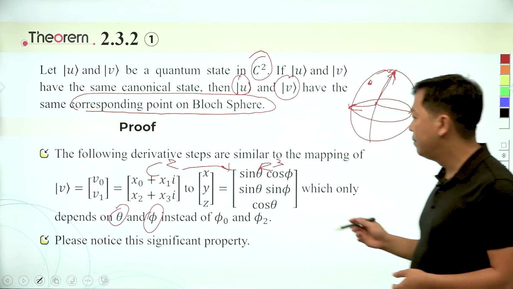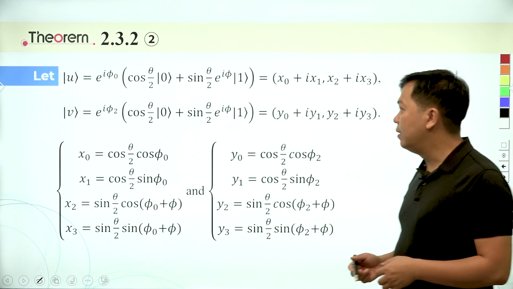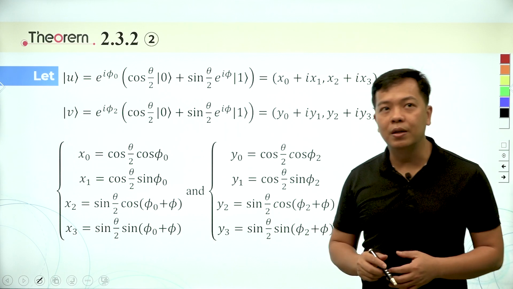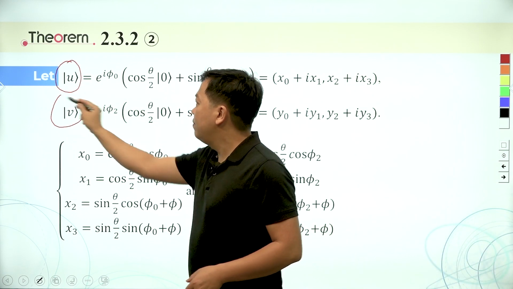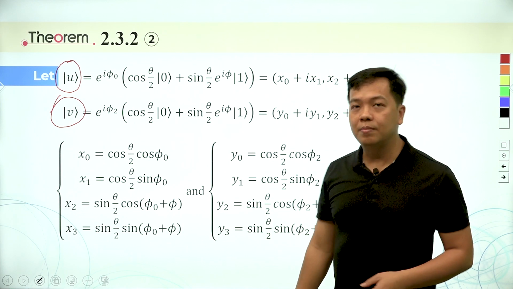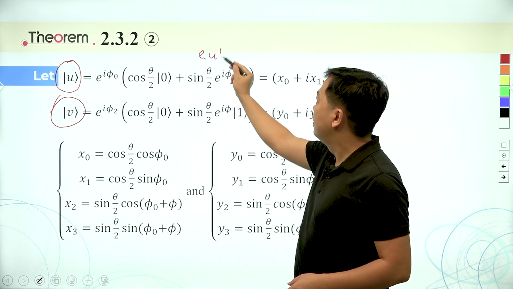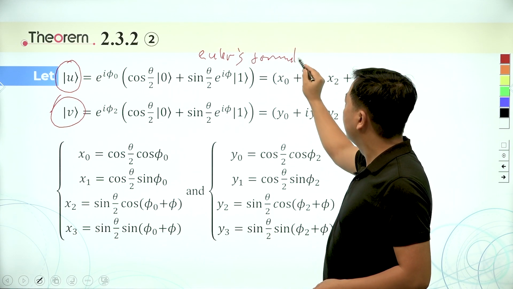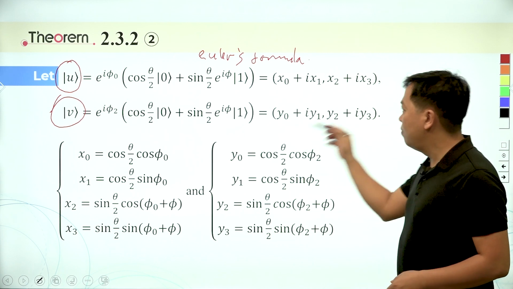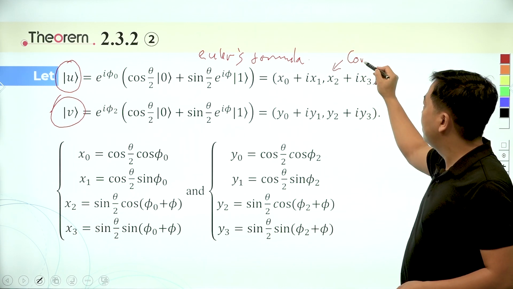Okay, now we can look in more detail. When we have the quantum state u and quantum state v, if we use the Euler formula, you transfer to the complex vector.